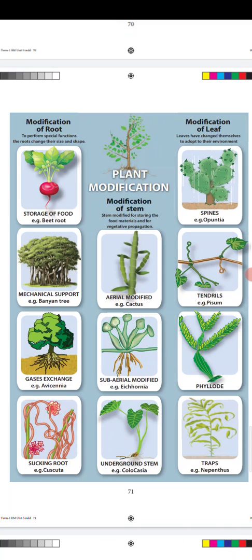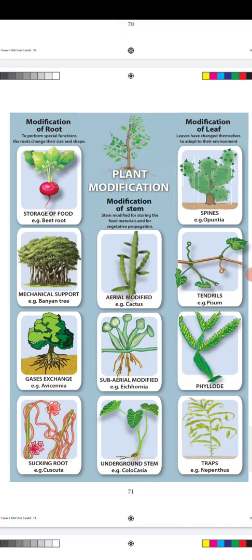First, aerial modification, for example cactus. These stems are present in waterless areas, where stem plants are easily cultivated.